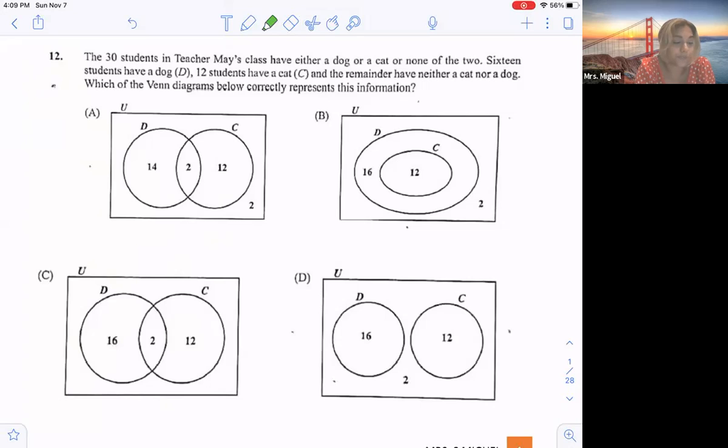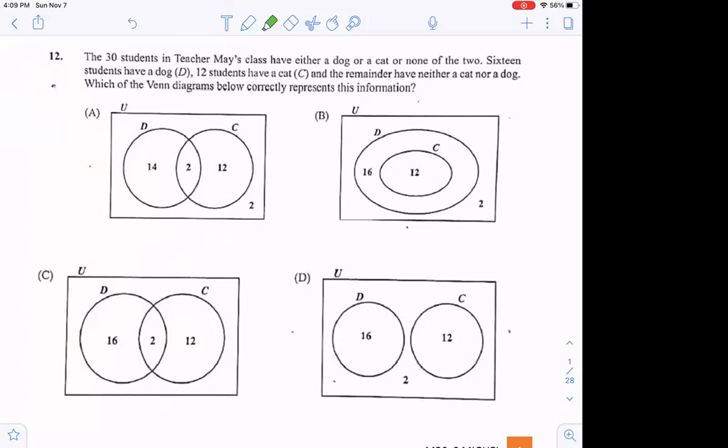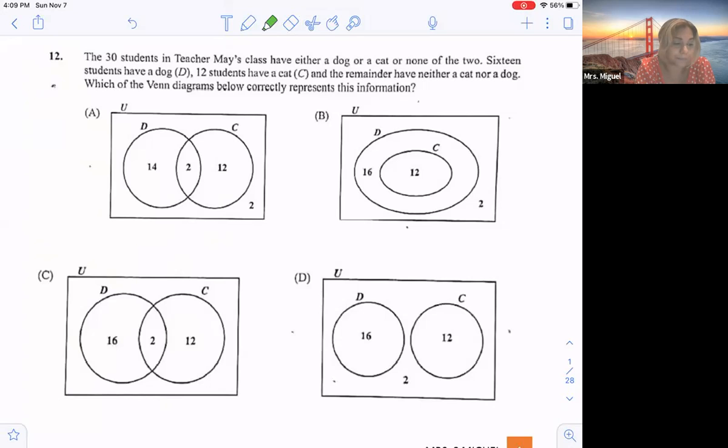Which of the following correctly represents this information? Well, 16 students have a dog. So let us go through the options and choose the one that best represents, right?